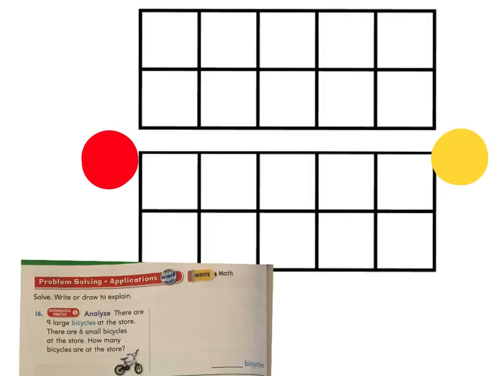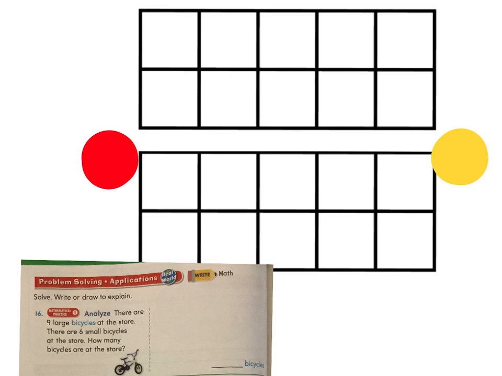So let's do one more with the pictures just to review it. So this is the number 16 on the last page of this lesson. There are 9 large bicycles at the store. There are 6 small bicycles at the store. How many bicycles are at the store?